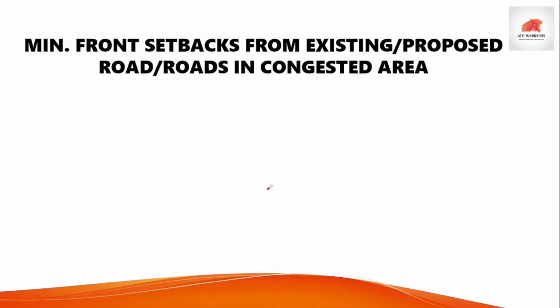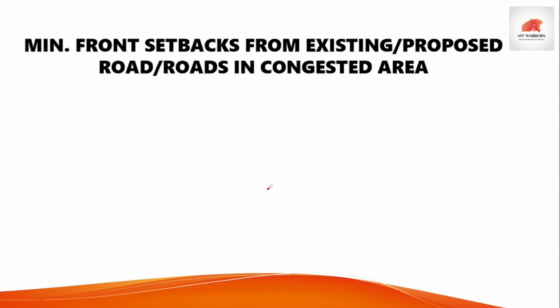Now we will see how the minimum front setbacks from existing or proposed road or roads in a congested area are given in the UDCPR, in chapter number 6. Till now we have seen the maximum building potential of the plot, how much ancillary FSI is allowed, the premiums for the ancillary FSI, and the basic premium and maximum TDR potential according to road widths.